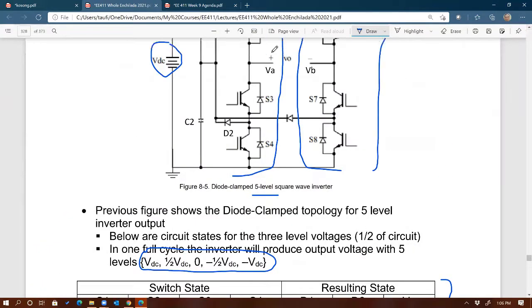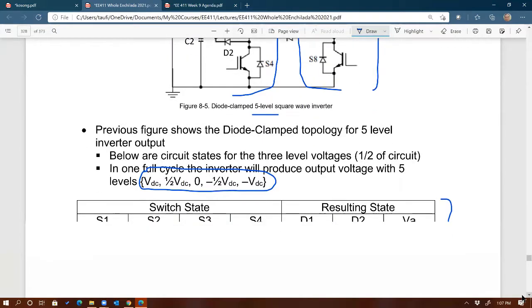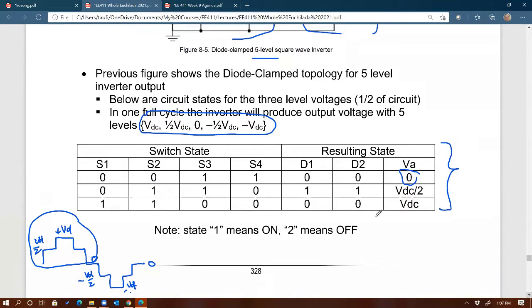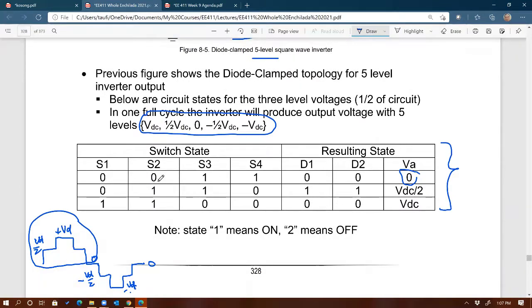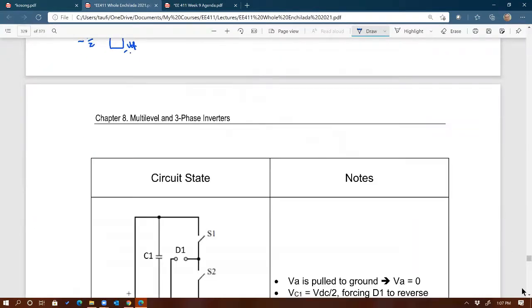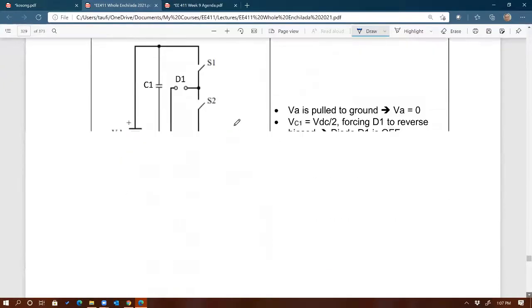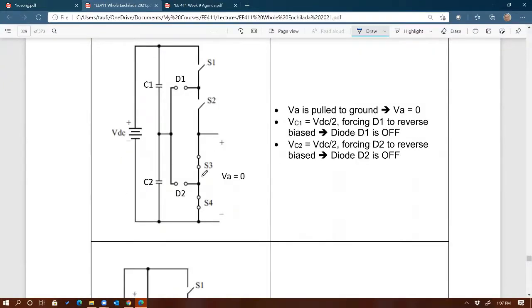Well, that could be done by turning off S1 and S2, and turning on S3 and S4. You can see that by doing so, this node, which is VA, is pulled to the ground. That would give you VA equals 0.